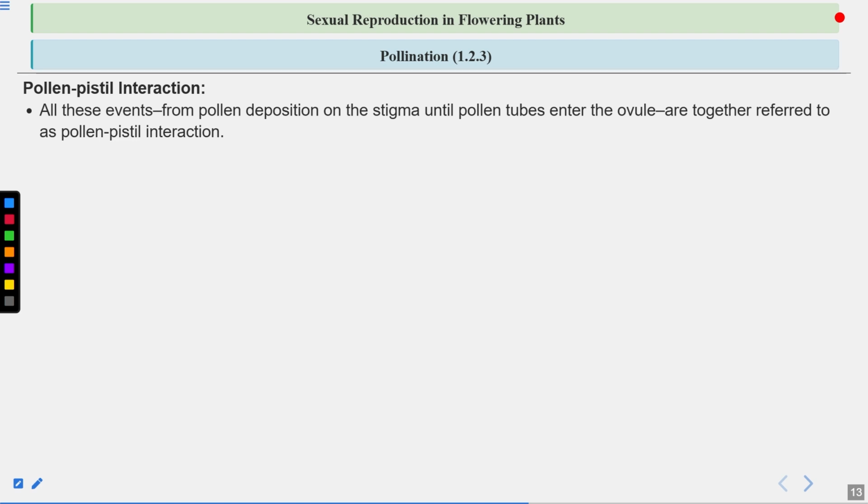Because up to here, it is part of the pollen-pistil interaction, right? Pollen deposition is the first thing that happens in this pollen-pistil interaction. Pollen grains are deposited on the stigma of the pistil.